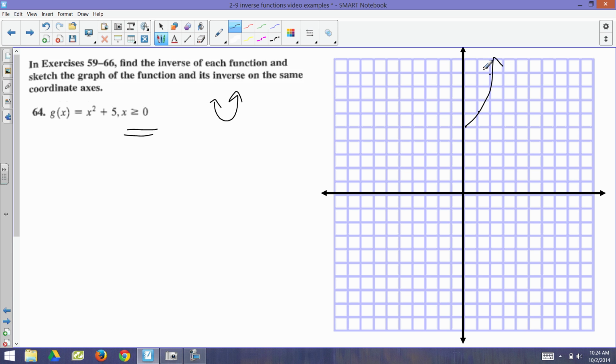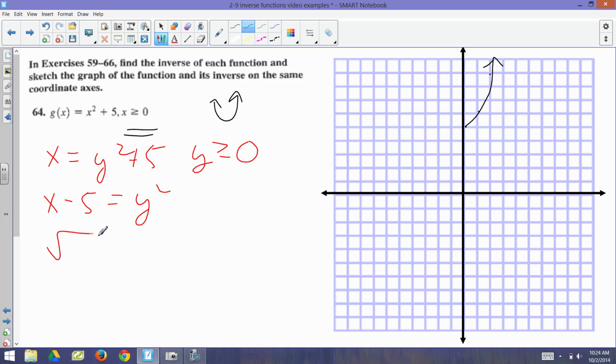If I wanted to find the inverse, I would do x is equal to y squared plus 5. And now y has to be greater than or equal to 0. Solve the equation. x minus 5 is equal to y squared. Take the square root of each side. So I have the square root of x minus 5 is equal to y. And it's plus or minus, but because y is greater than or equal to 0, it's just the plus.